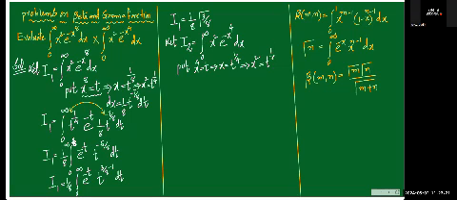Correct? And if you differentiate, dx is equal to 1 by 4 into t power 1 by 4 minus 1, which is minus 3 by 4, into dt. Now limits, there is no need of changing the limit.